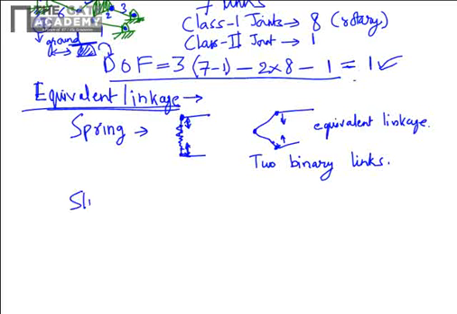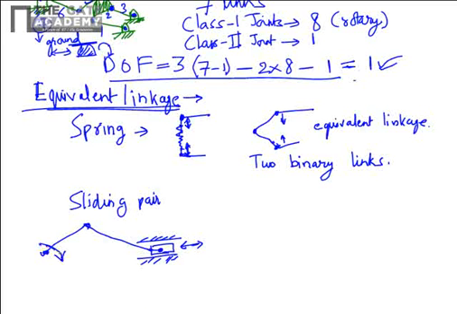Similarly, for the sliding pair, if you sketch a sliding pair here, this sliding joint has 1 degree of freedom in the translational motion, while the crank has the rotary motion. This problem can be simplified by visualizing a 4-bar chain.